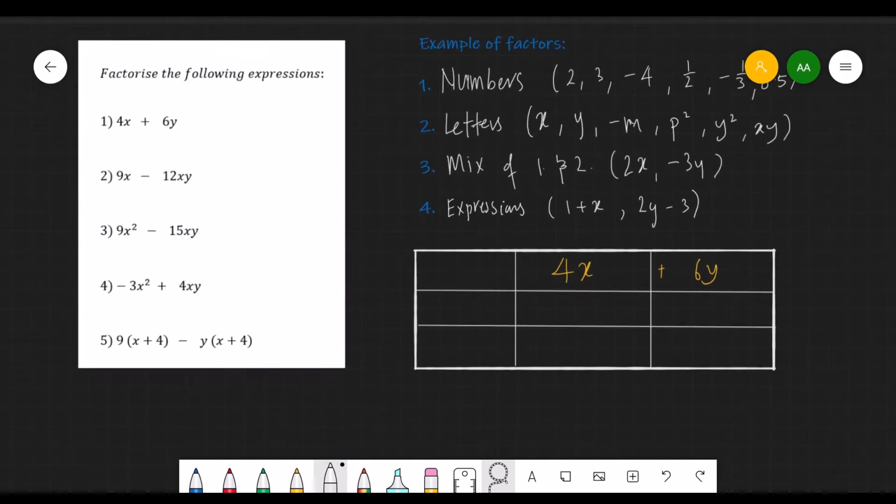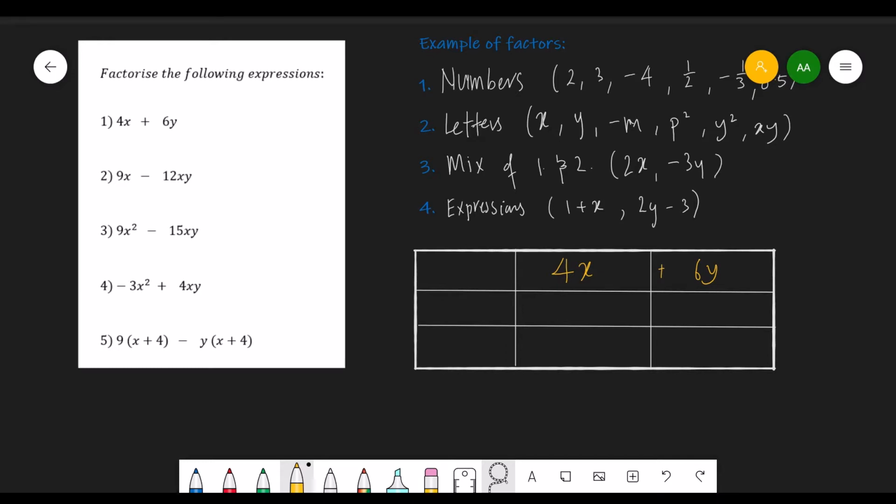We are going to do factorization by extracting common factors, and this is how our approach should be. We are going to refer to example number 1. We have 4x plus 6y. We are going to break up 4x and 6y in terms of their factors.